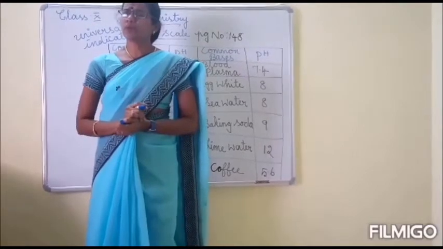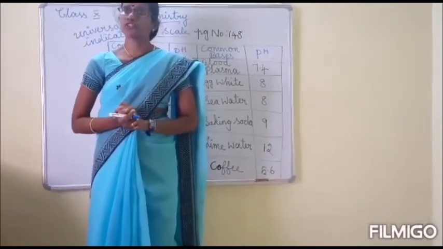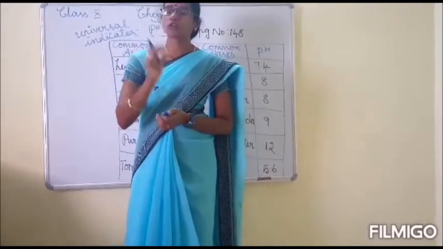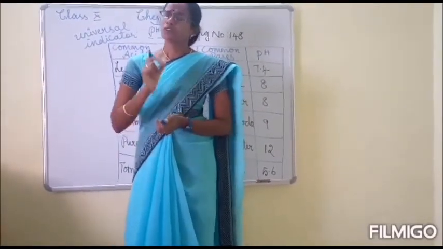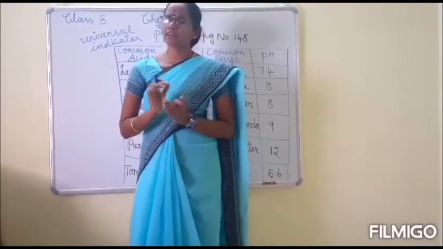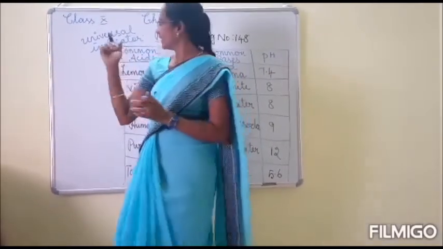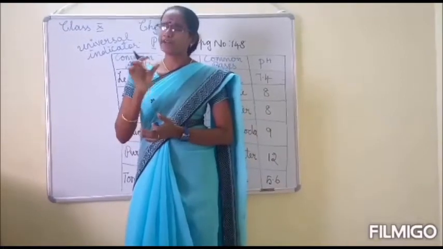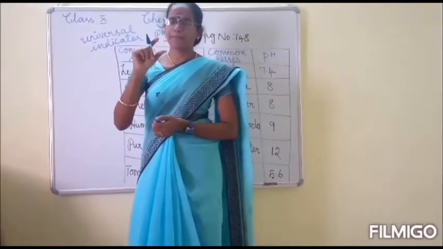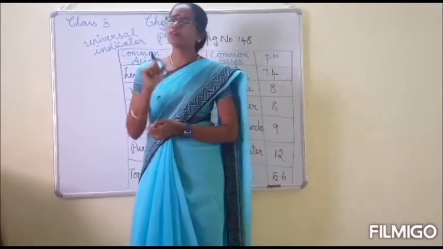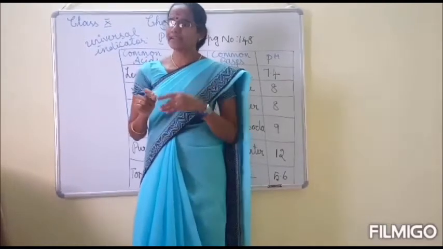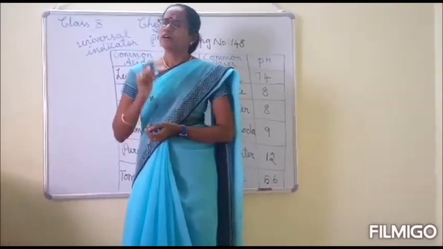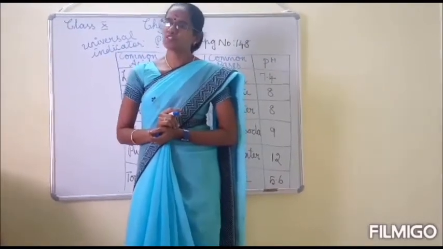It is available in the form of a solution and also in the form of a paper, which is called the pH paper. This pH paper contains a mixture of indicators. A color guide is provided with the strips of that paper. Some colors are printed there.